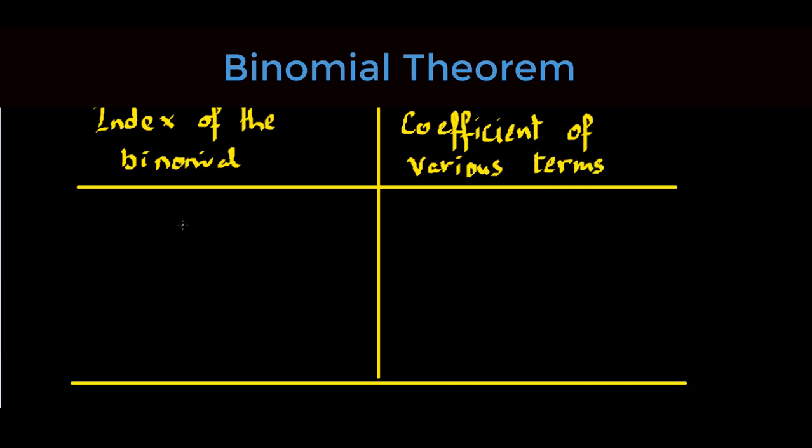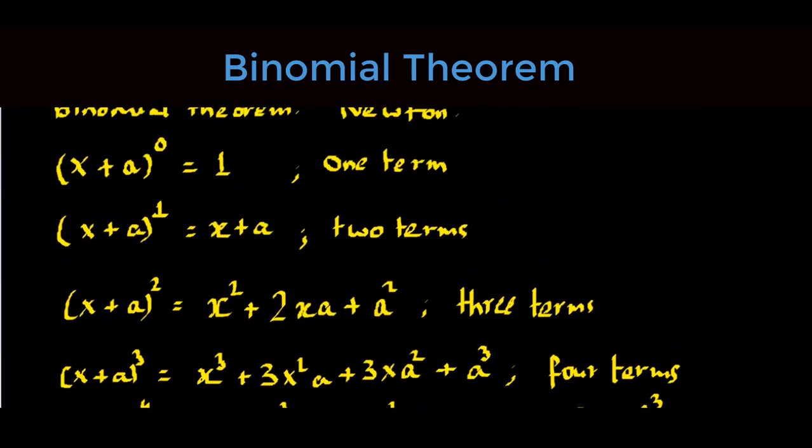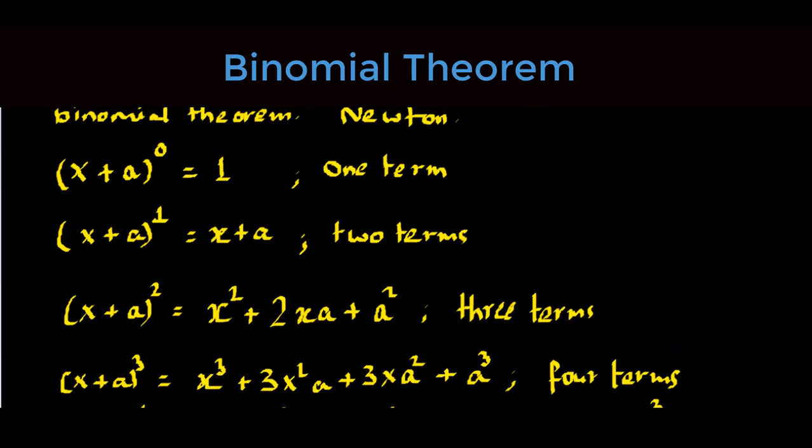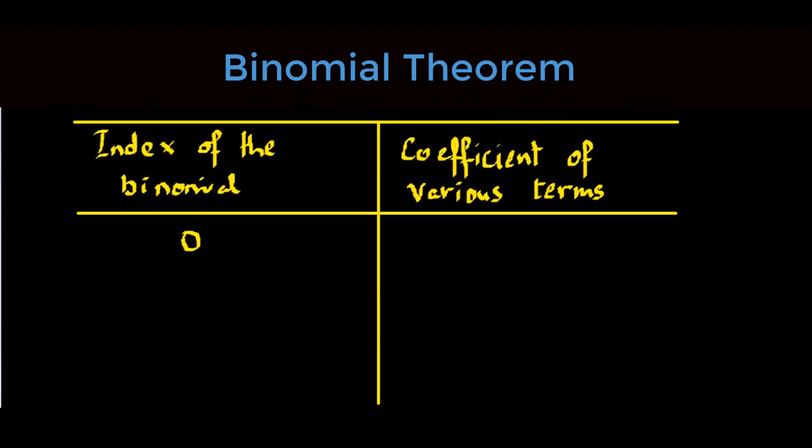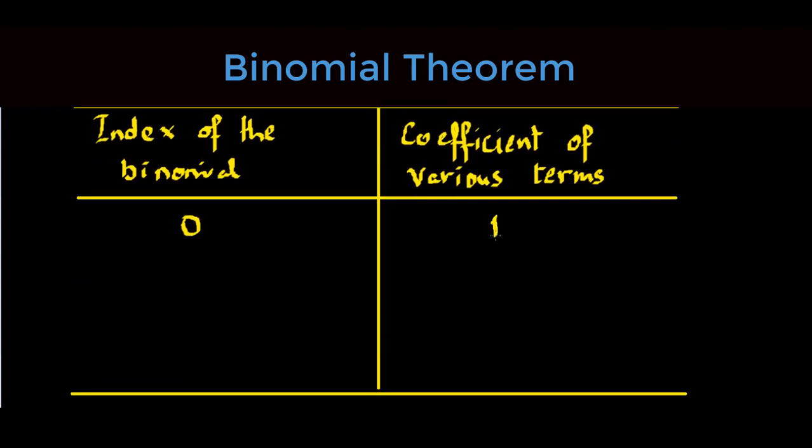So the first index was 0. So if we consider 0, the coefficient of various terms, there was only one term and the coefficient was 1. So we're going to write here 1.